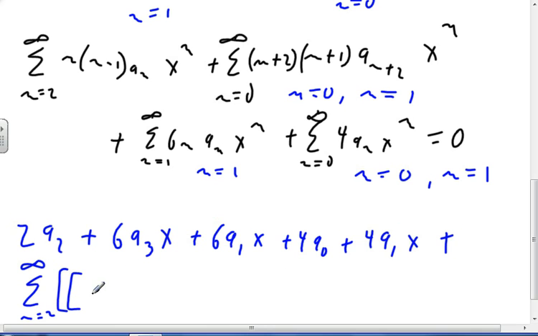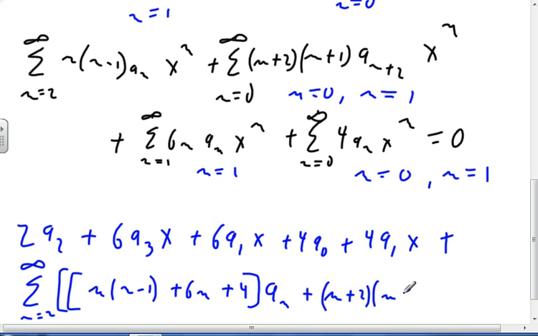Okay, I've got an n minus 1, a 6n, and I got a 4, all times an, plus I've got an n plus 2, n plus 1, a n plus 2, all x to the n, and the whole thing is equal to 0.